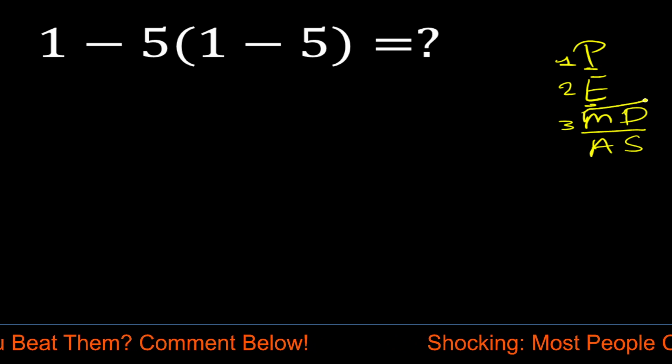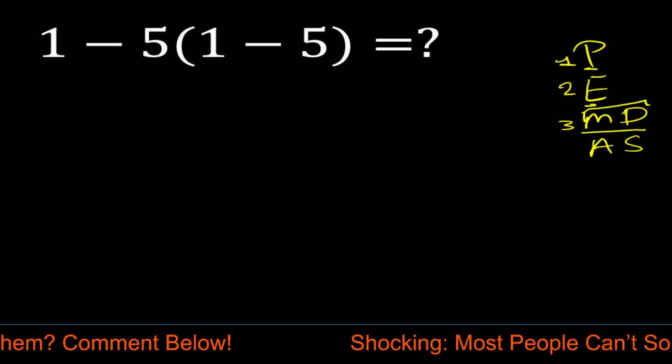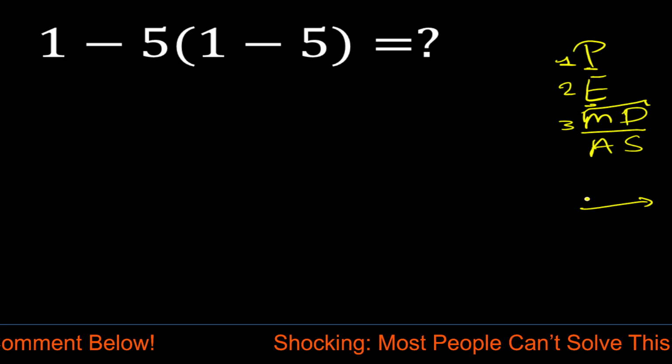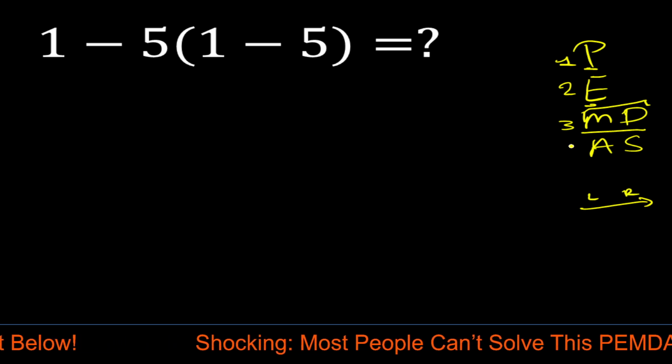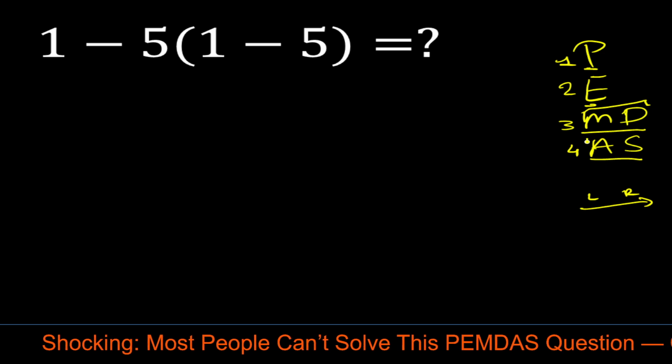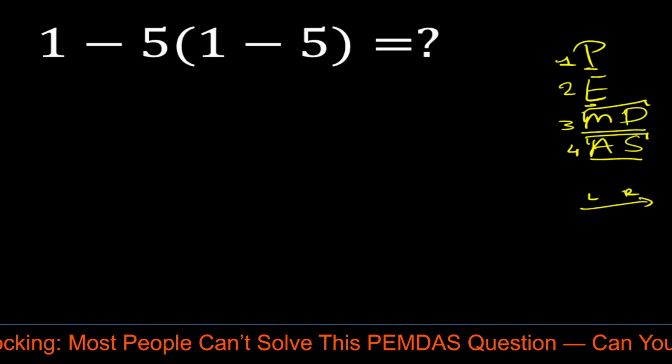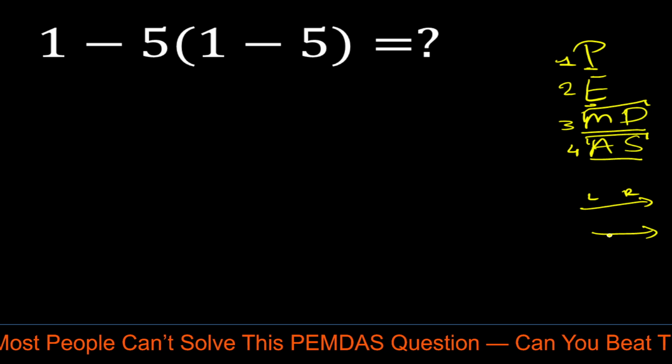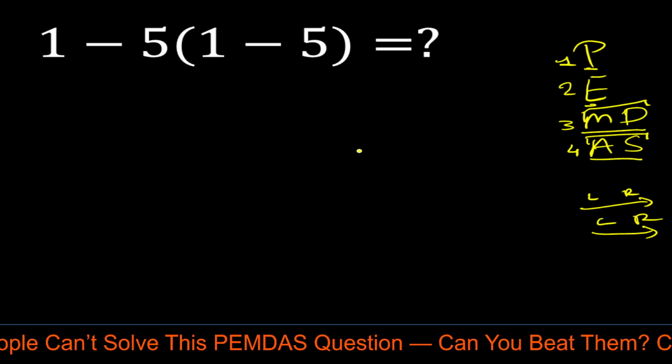Here multiplication and division both have equal priority, so we have to solve it from left to right. Then the fourth and last priority is addition and subtraction. Also addition and subtraction both have equal priority, so we have to solve it from left to right.